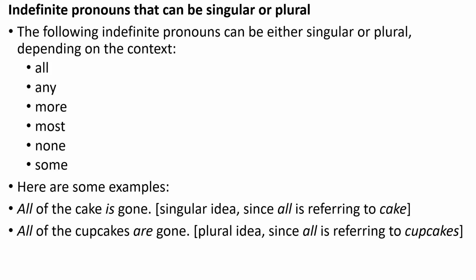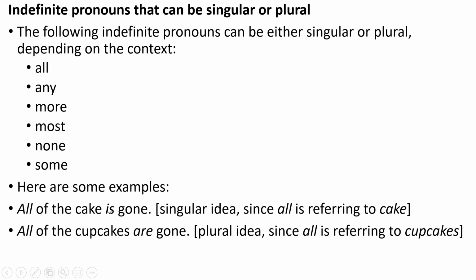And this might seem to contradict a rule I mentioned in the previous exercise where I said if the prepositional phrase comes before the verb, then ignore the object of the preposition and look at the word before the prepositional phrase. Technically, all is still the subject. The difference here is that if it's one of these words before the preposition, then we do have to look at the word that comes after the preposition, because that word will tell us whether all is singular or all is plural.